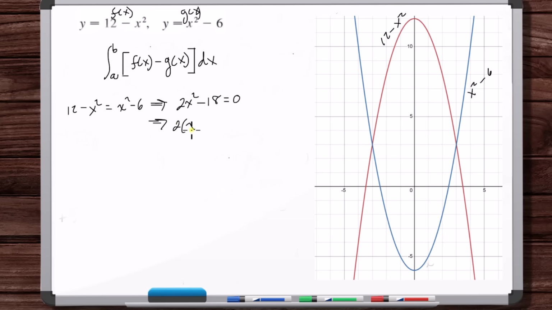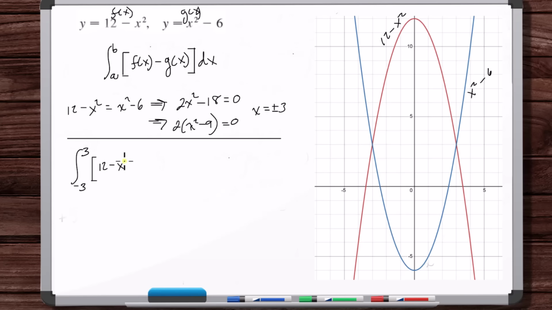So 2x squared minus 9 is equal to 0. So x is equal to plus or minus 3. Okay, so we want to integrate from minus 3 to 3 f of x minus g of x.